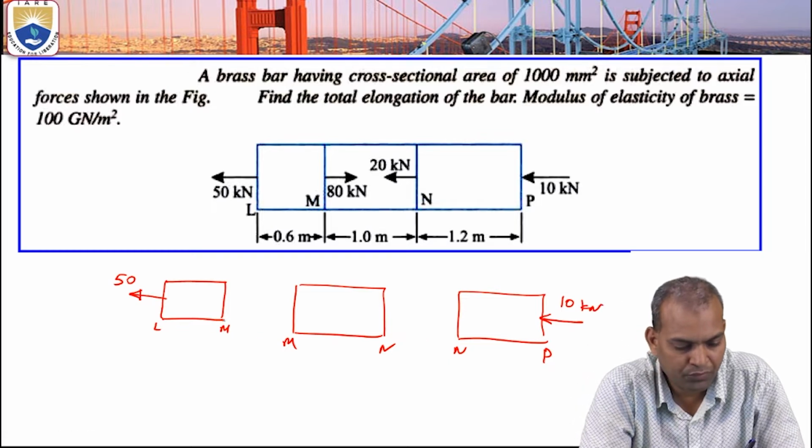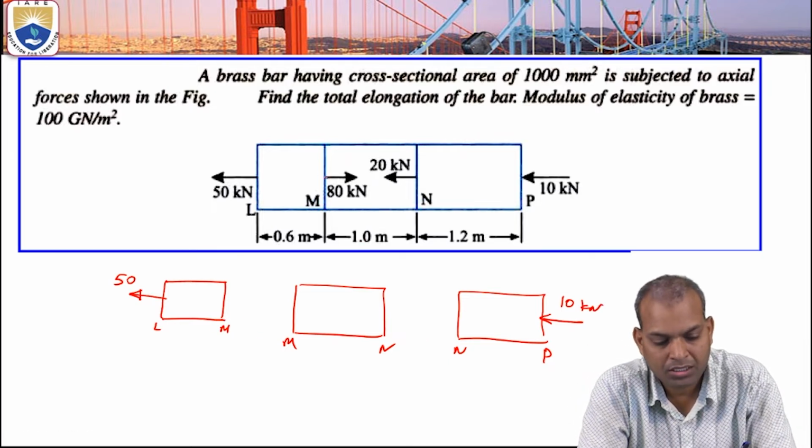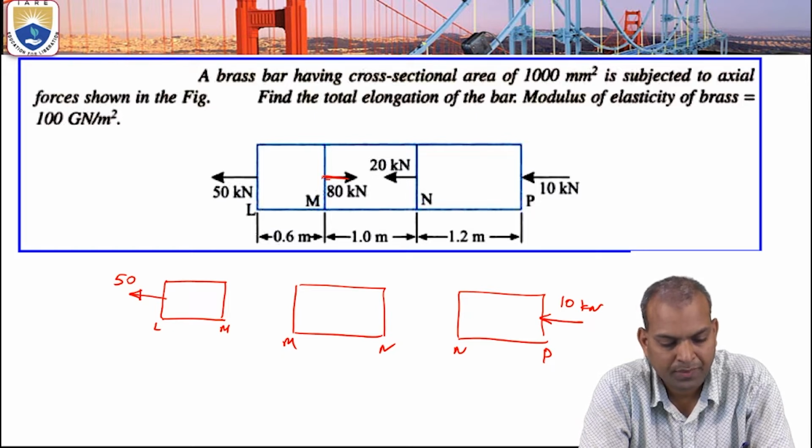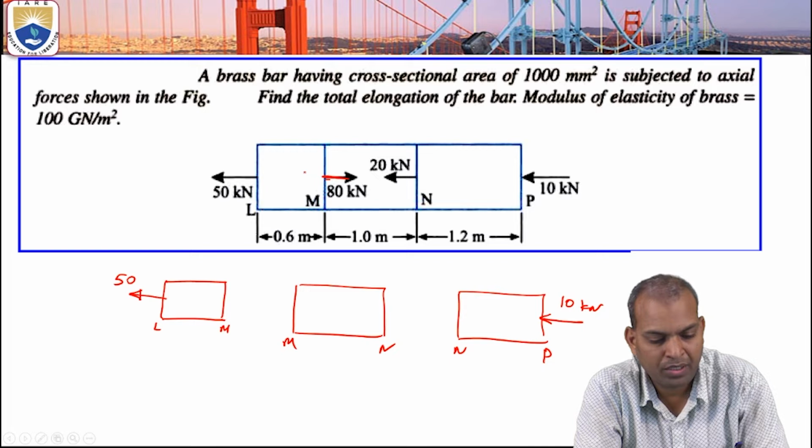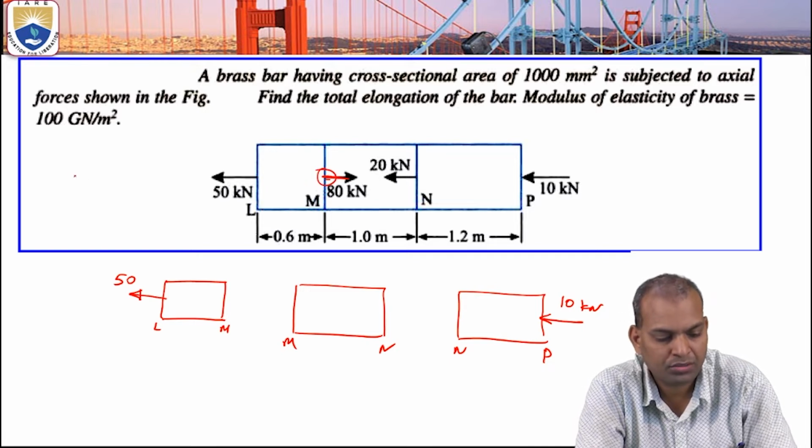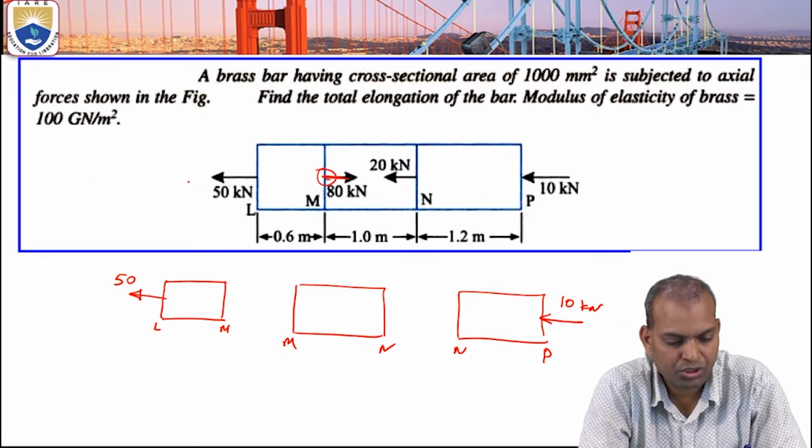We have to find what forces are acting on this. This is the unknown force, which is acting in the tensile direction. So we want the algebraic sum of this portion, where tensile is positive and compression is negative.